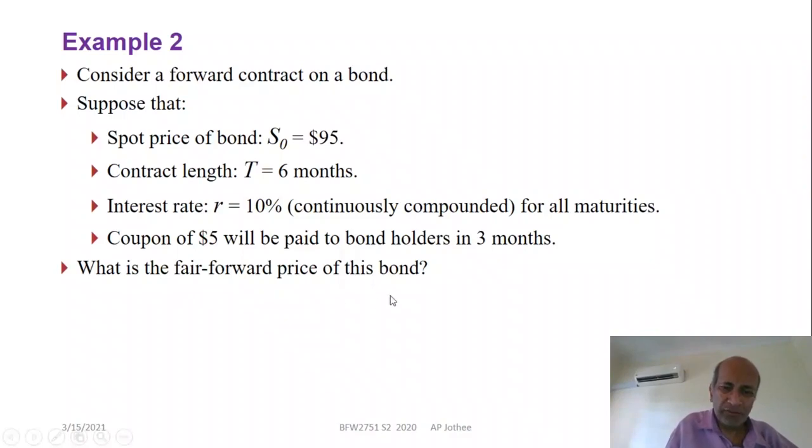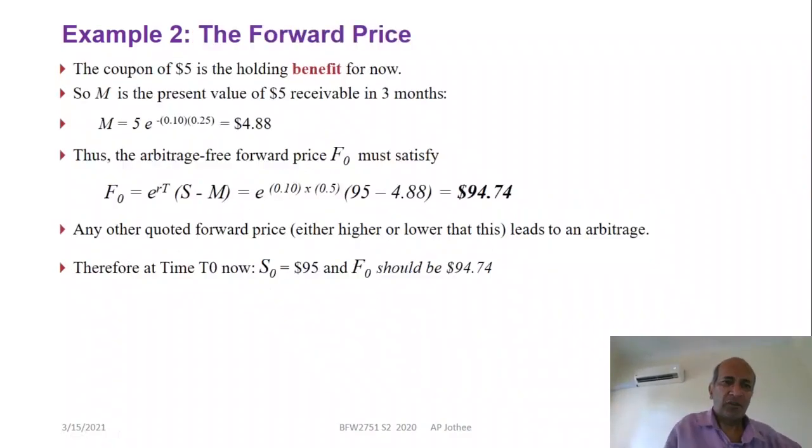So what is the fair value of this bond? So now we'll calculate. Now, the coupon is $5, which is the holding benefit for now. So we use the letter M to determine this. You know, I is for any other income, M for this kind of coupon is the present value of the $5 receivable in 3 months.